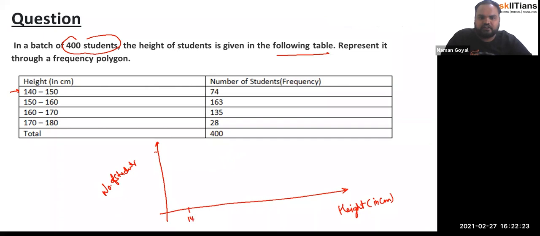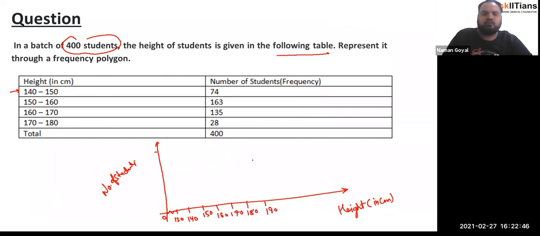The interval starts from 140, but as I told you, we have to take 130 also. Now if you see, this interval is uneven, non-uniform, so we have to draw a kink sign over there. So 140, 150, 160, 170, 180, and up to 190.